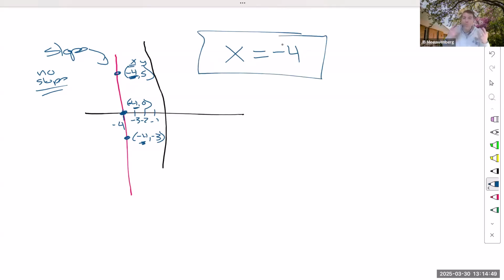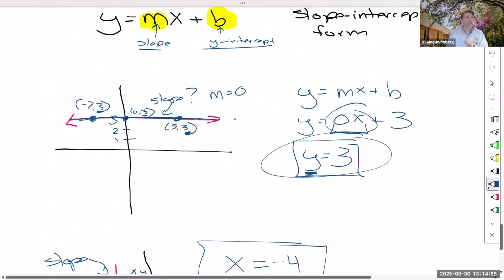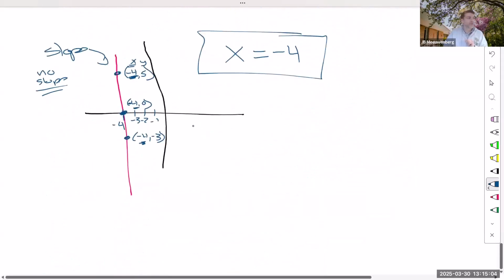There actually is no y in the equation. And so horizontal and vertical lines have to be treated just slightly differently. Again, a horizontal line will always be y equals wherever it crosses the y-axis, and a vertical line will always be x equals wherever it crosses the x-axis.